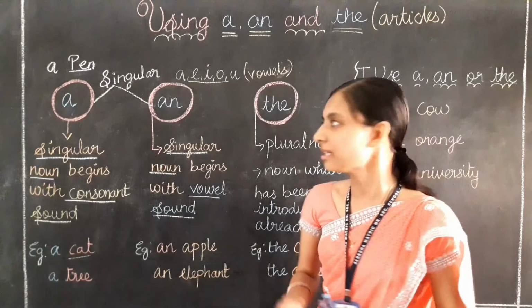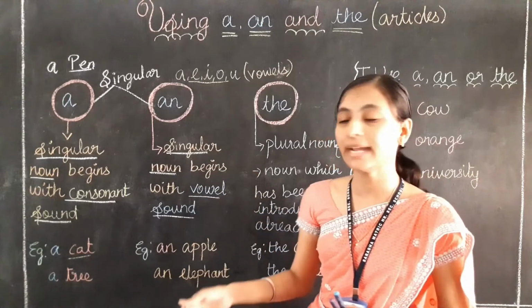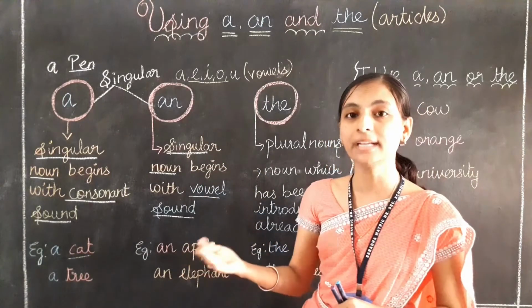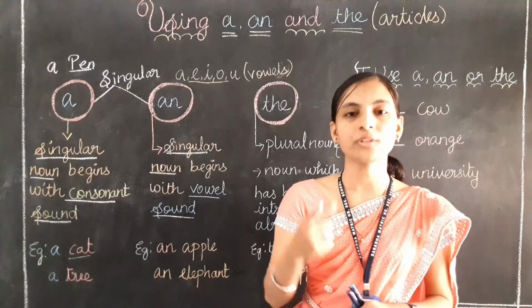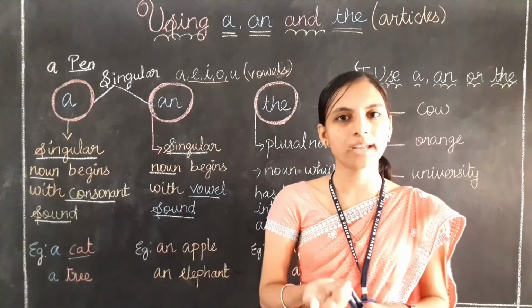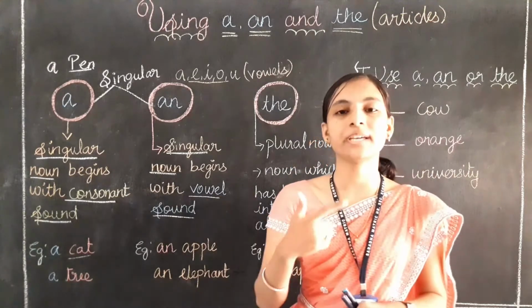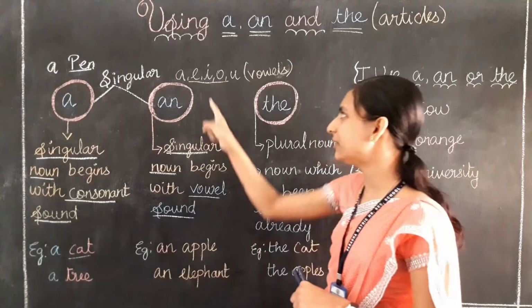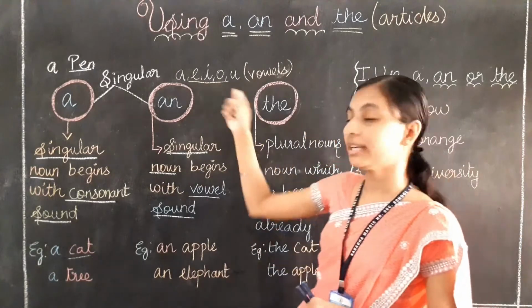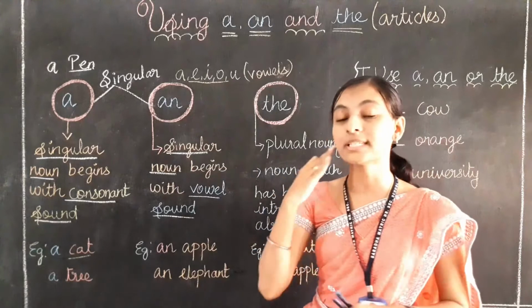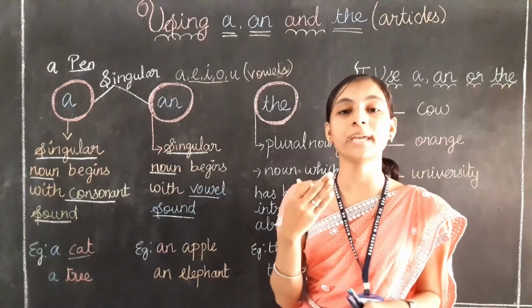Okay. Clear, children? So where do we use article an? We use article an before a singular noun, that is singular things or a singular animal, which begins with a vowel sound, not only the vowel letter. If it has a vowel letter also, the sound may vary.